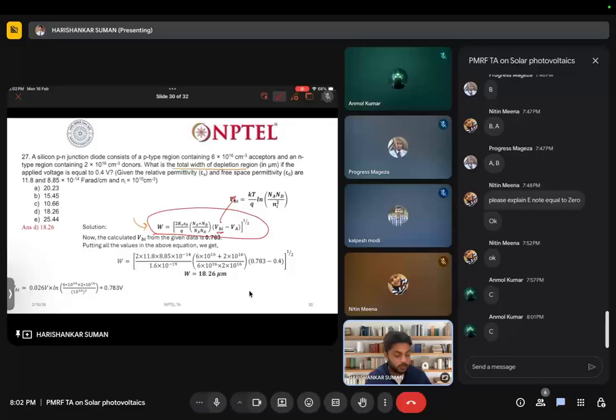VBI, you know, kT by q. We will apply kT by q, just put the numbers, and the other things are already given in the question.